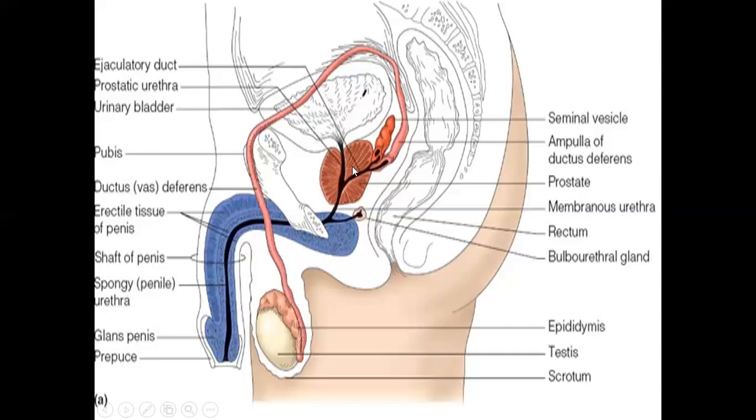So the substances that were mixed in the ejaculatory duct, we have your sperm cells and the secretions of the seminal vesicles. And when it reaches the prostatic urethra, it becomes mixed with the secretions from the prostate. What's distinct about these secretions from the prostate is that they are acidic in nature.